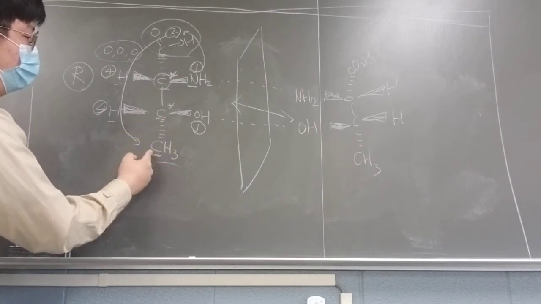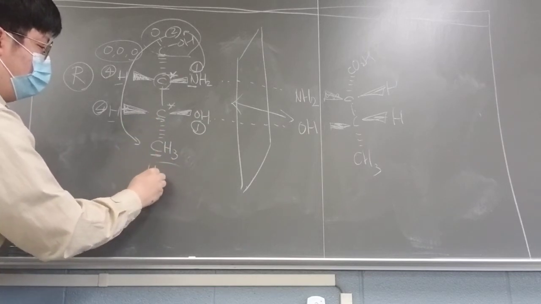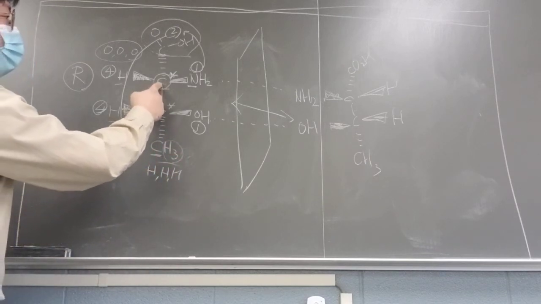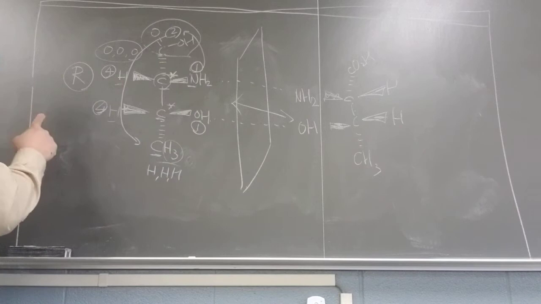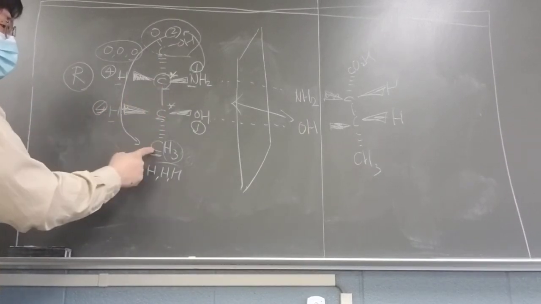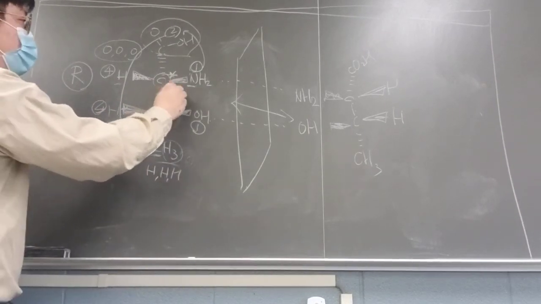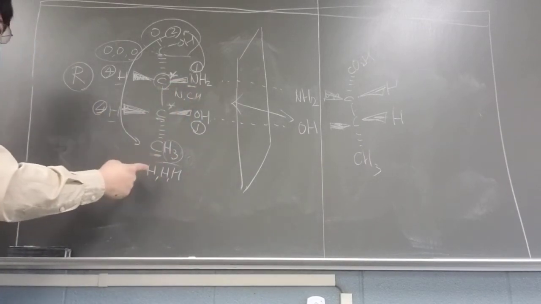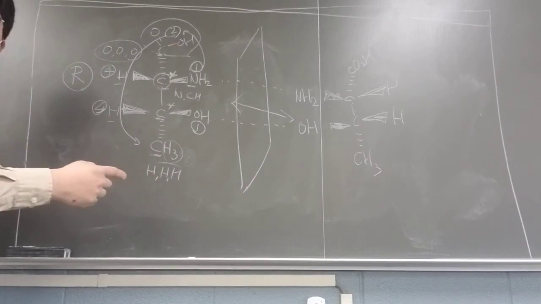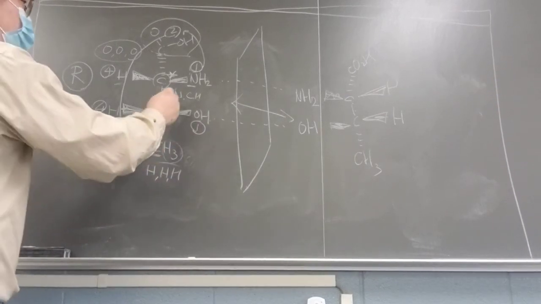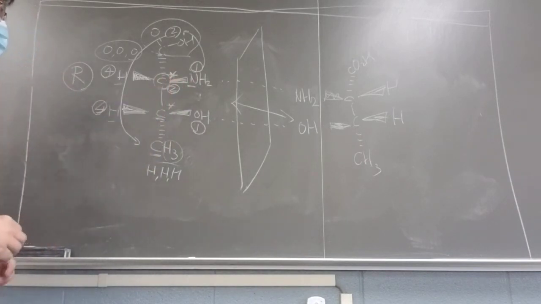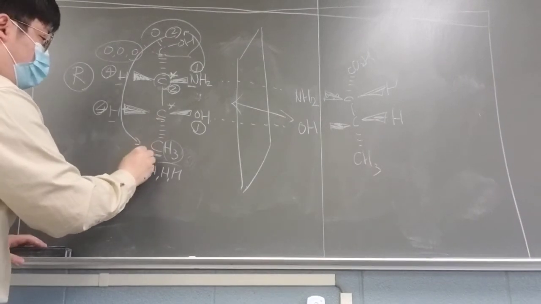From here, this is H, because there are 3 hydrogens over here, right? But this will be nitrogen, carbon, hydrogen. So this will be higher than this one, because it's nitrogen, carbon, hydrogen, which is much higher than hydrogen by atomic number, right? So this will be number 2.